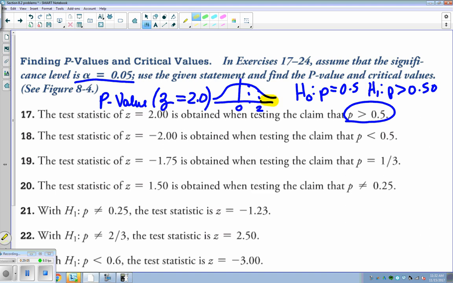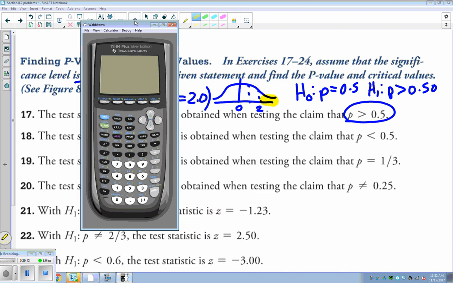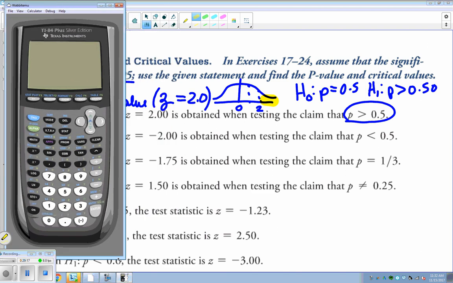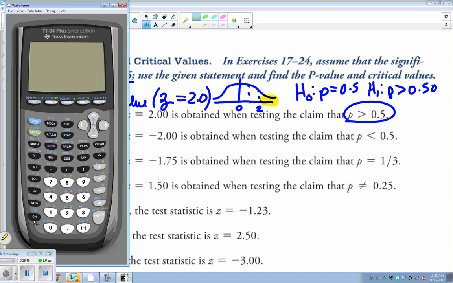That's what the p-value is. So on your calculator, isn't it nice to get back to your calculator? We can find the area under the curve. Everybody remember how to do that?